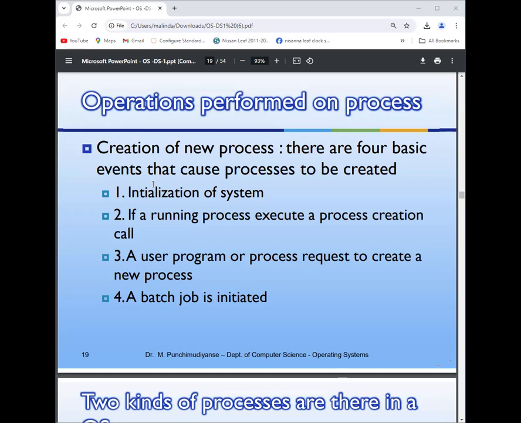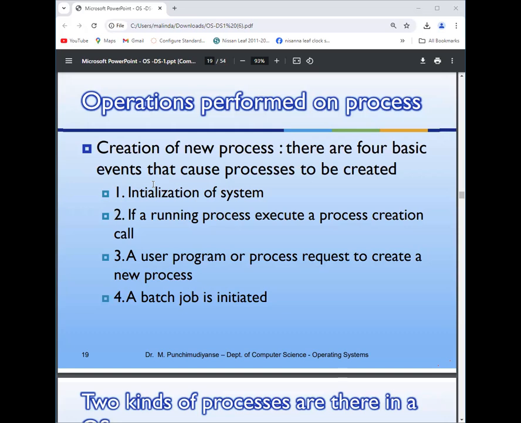For example, if your word processor like Microsoft Word is running and it needs to initiate a spell checking operation, or a printing operation, those different operations can be created as new processes. So when that happens also, processes are created.